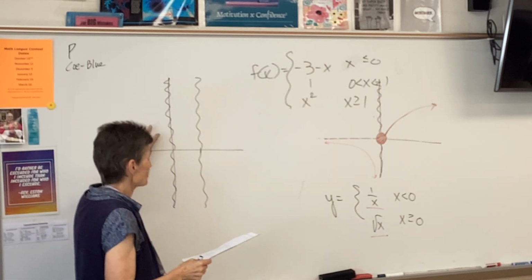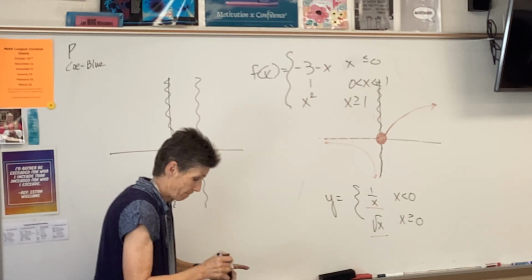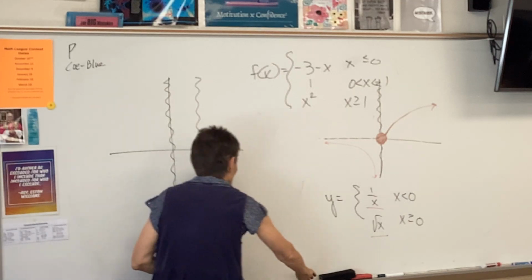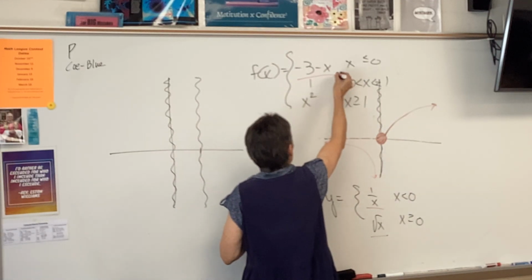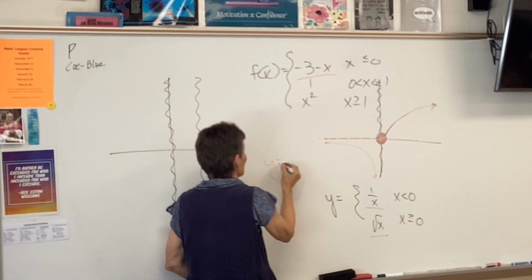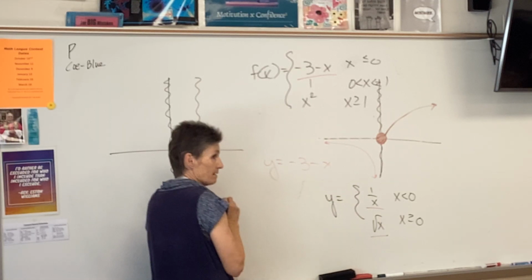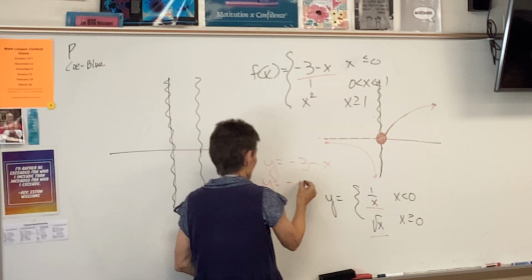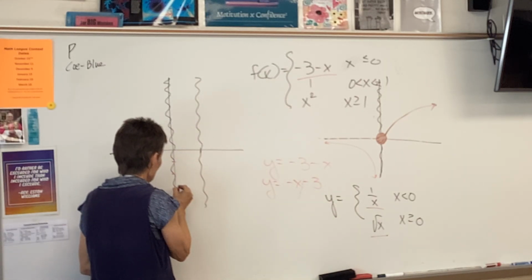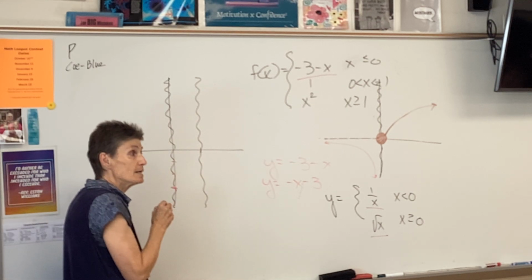So there'll be a piece over here, a piece in the middle, and a piece over here. Now don't be confused, guys. This is y equals -3 minus x. What is that? That's a linear inverse. It has down here -3, right? And then a slope of negative x, -1.